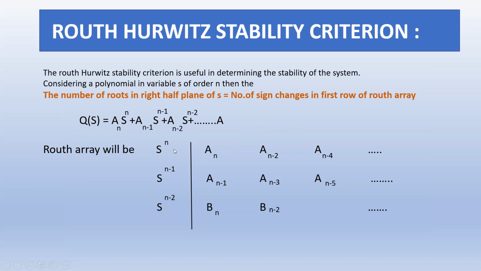How do we do that? We write the highest power first: s power n, then s power n minus 1, s power n minus 2, and so on up to s power 0.